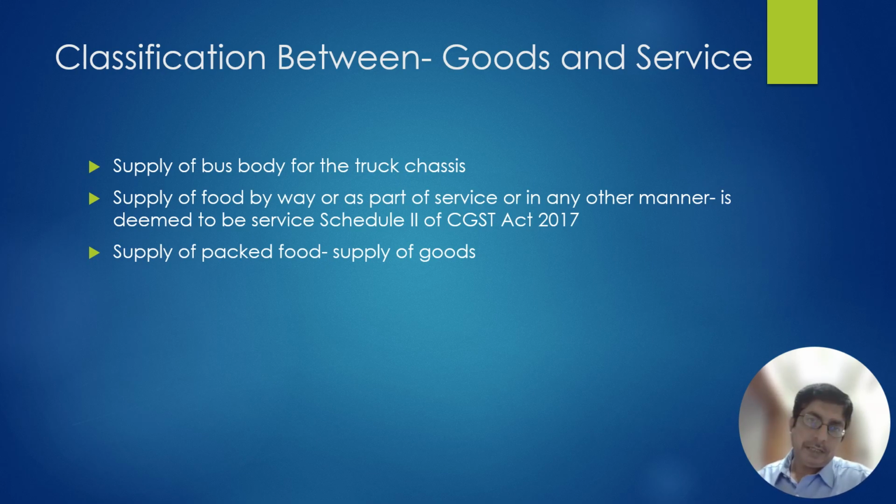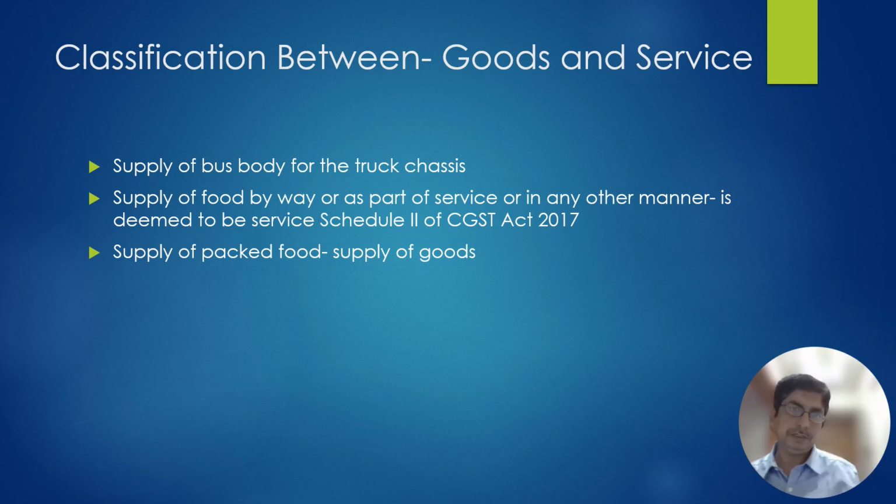Suppose you go to the restaurant and you order the food, you will not become the proud owner of the food. You eat the food there and then only. Then the supply of food itself is by way of a service. Therefore, it is to be treated as supply of service or supply of food as a part of a larger service.